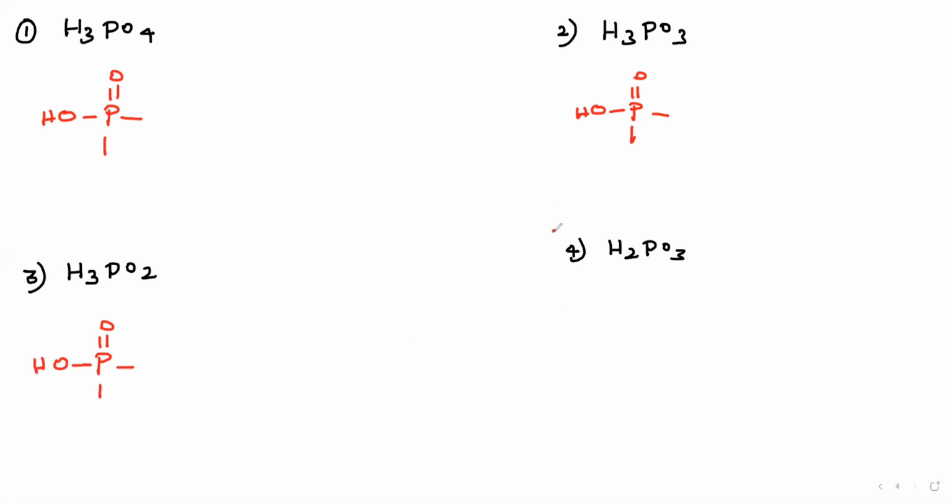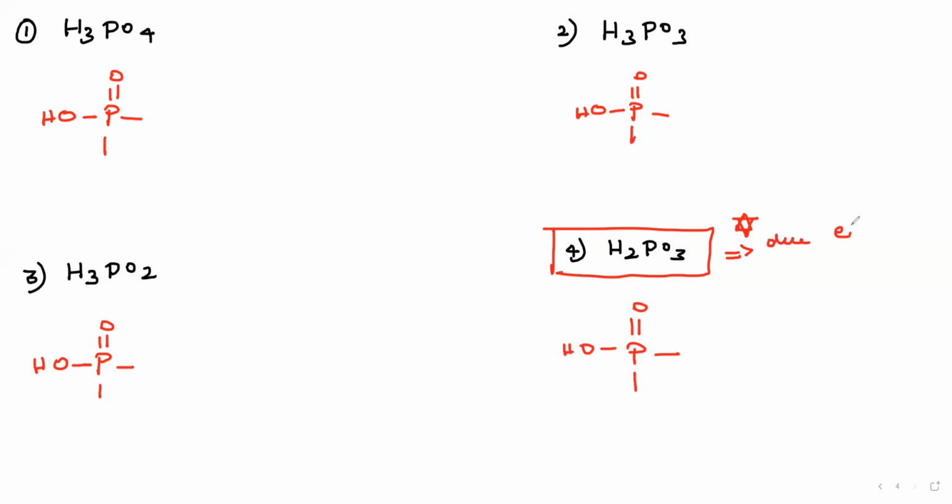But in this case, it is very important to put a star on this molecule, very important from the exam point of view. Here the phosphorus contains P double bond O, then OH. Only 3 oxygen and 2 hydrogen atoms.